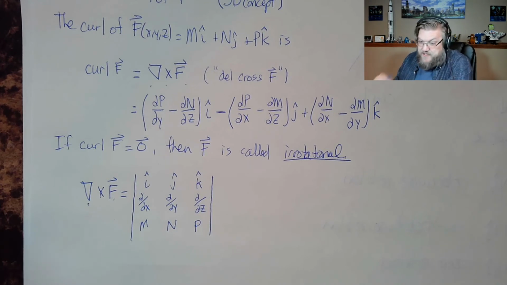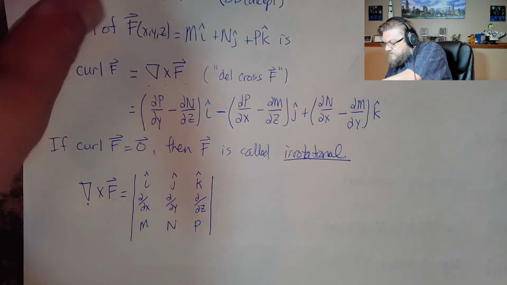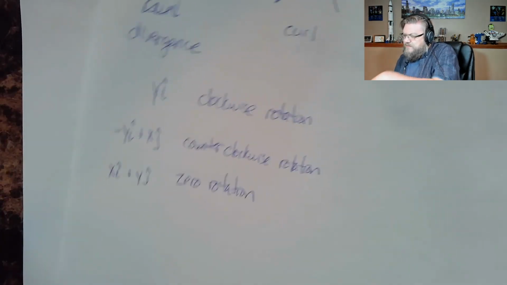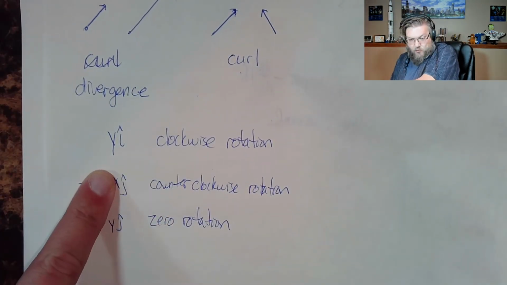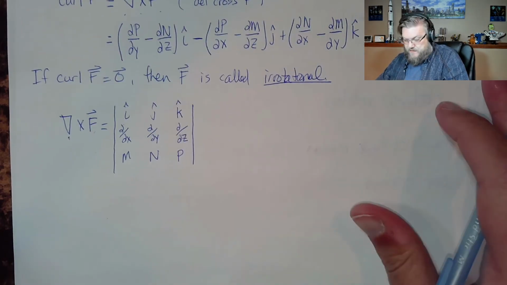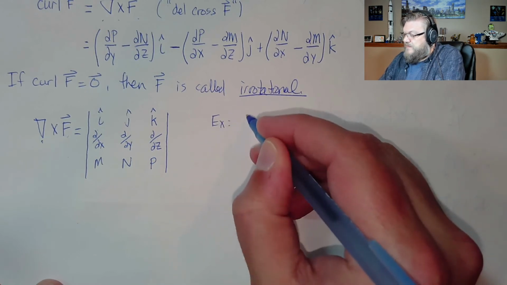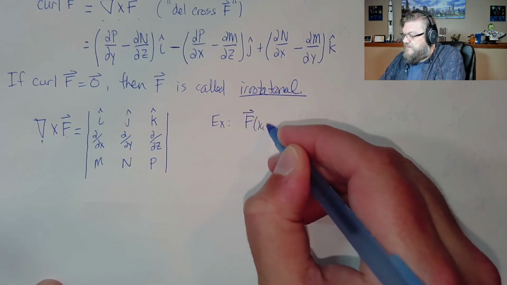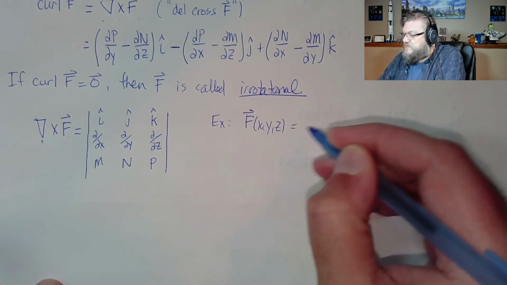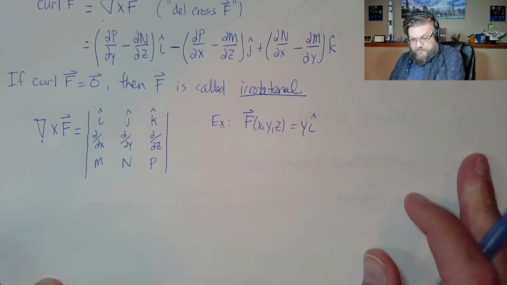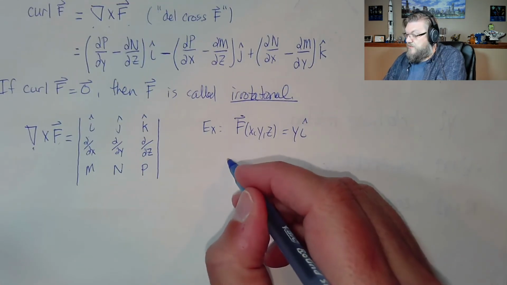Okay. Let's go ahead and do an example. The first example I had was clockwise rotation for yi. Okay. So let's go ahead and do that. Let's say that the function F of x, y, z is yi. Okay. Let's calculate the curl.